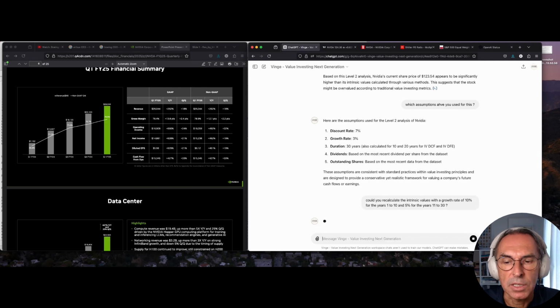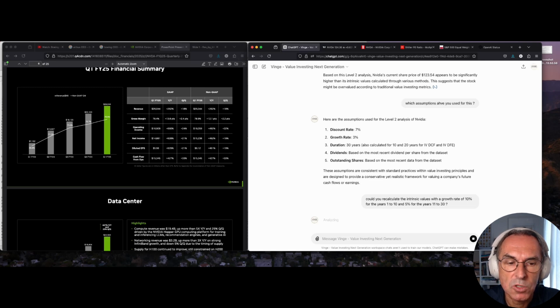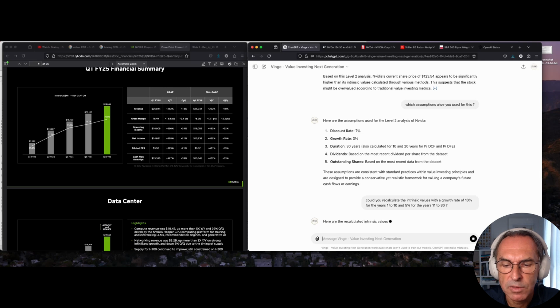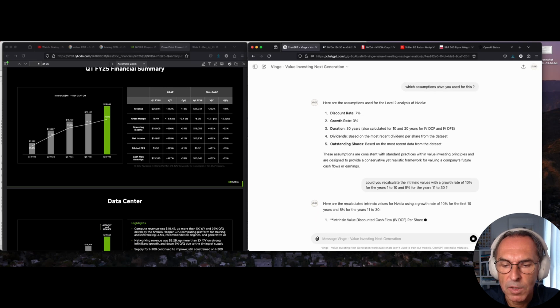It will redo the calculations, but instead of assuming a flat 3% growth rate over the next 30 years with a cost of capital of 7%, I'm asking it to use different growth rates, 10% for the first 10 years and then 5% for the years 11 to 30. And here come the results.